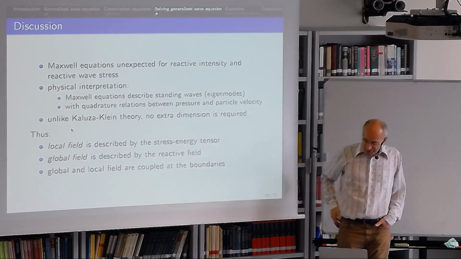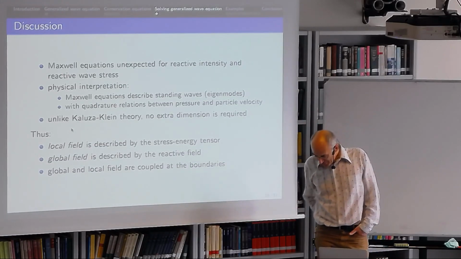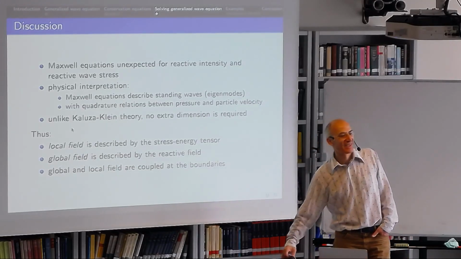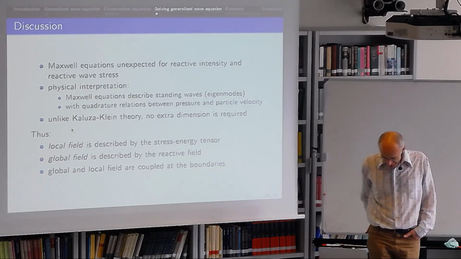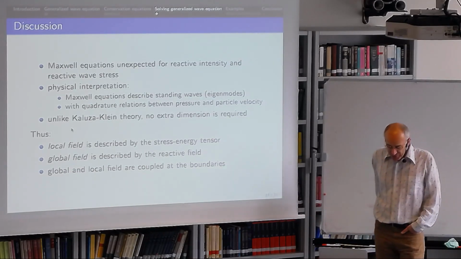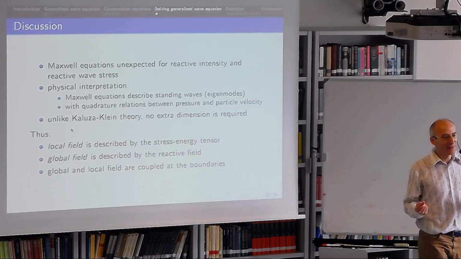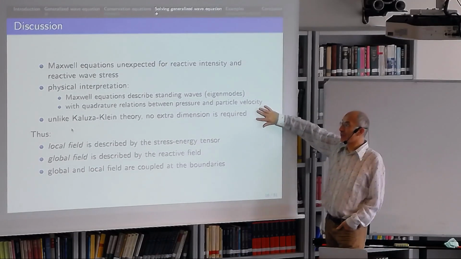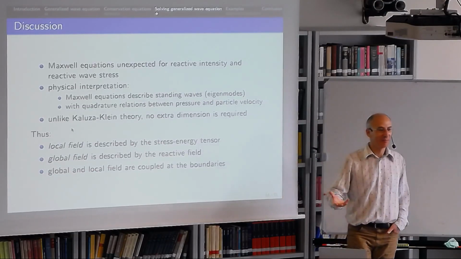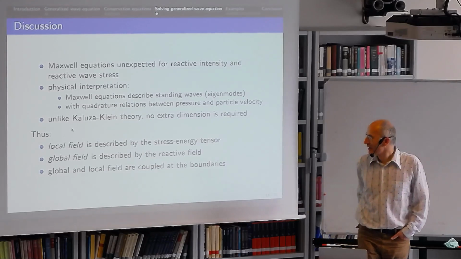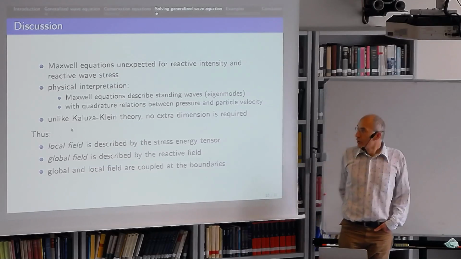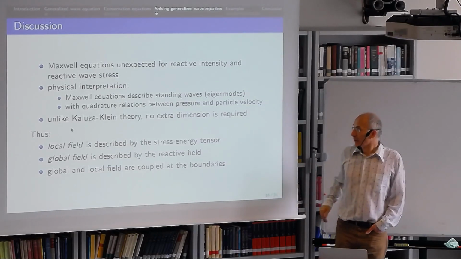I couldn't resist comparing it to Kaluza-Klein theory. I don't know whether you know this theory, but Einstein worked for 10 years on that. It's one of the historical attempts to unify Maxwell equation with gravitation. But it introduced a 5th dimension, which no one has been able to find out what it is from what I read in the literature. And here we have Maxwell equation without a 5th dimension, but we still need to interpret how they apply, and whether we can use them in an interesting way to find the standing waves.